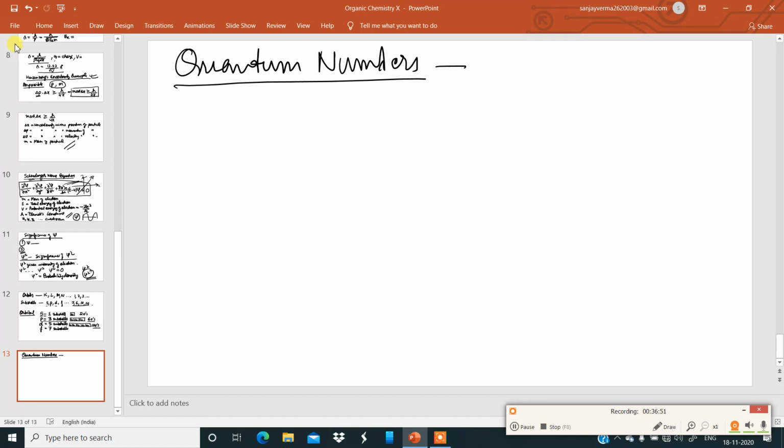These are nothing but numbers which are used to identify and give complete information about the electron in an atom. That is, to know about the location. So quantum numbers help us know what? The location of an electron. It helps us know the energy possessed by the electron.